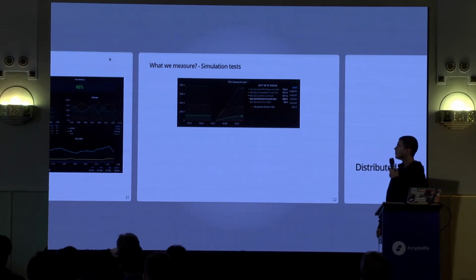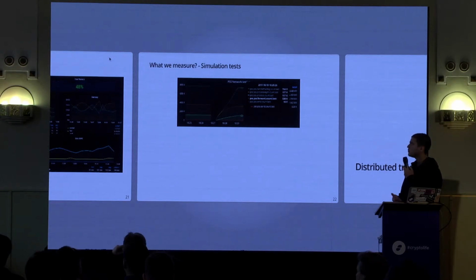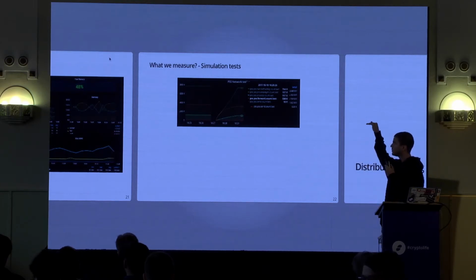So we also run this when we are doing simulation tests, and that specific screenshot is from a run of the PSS simulation tests. At the time we were comparing different transport models, and you could see that at some point the metrics become flat.